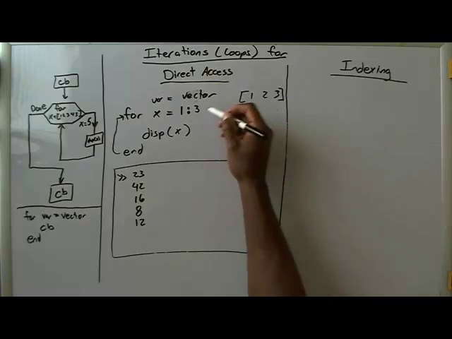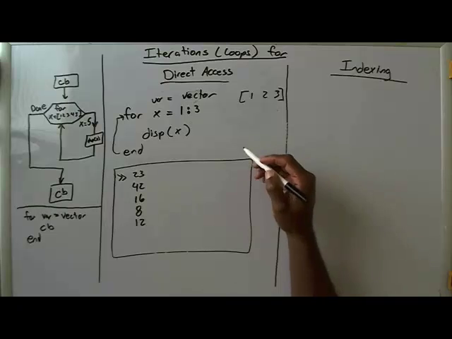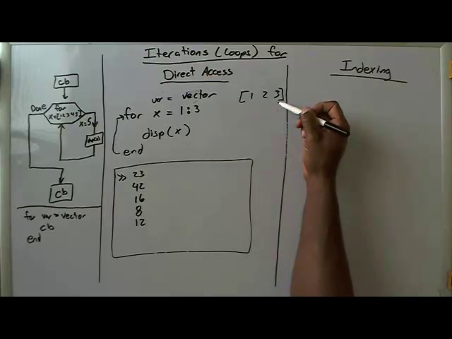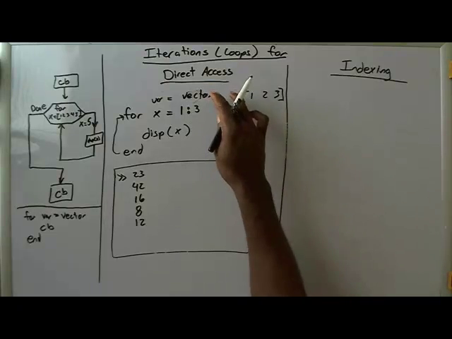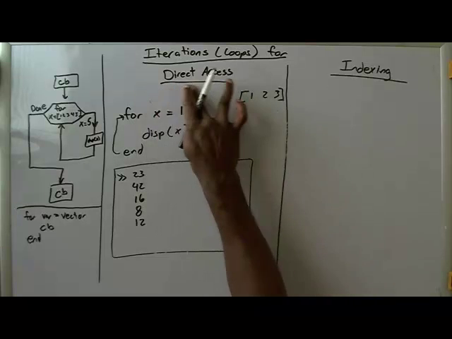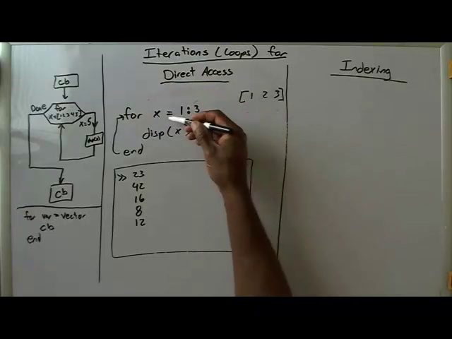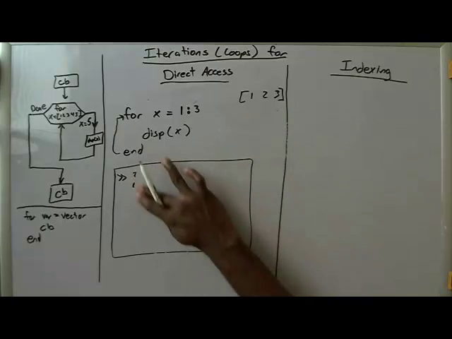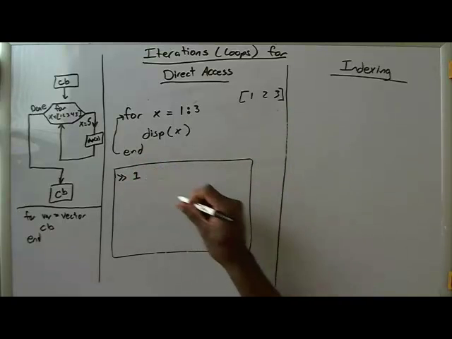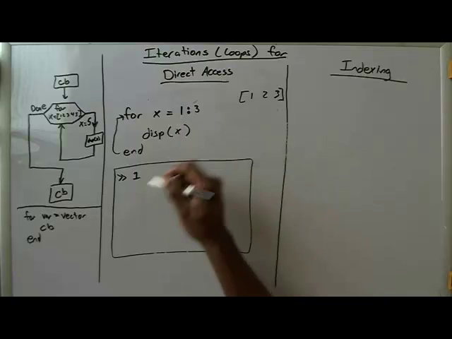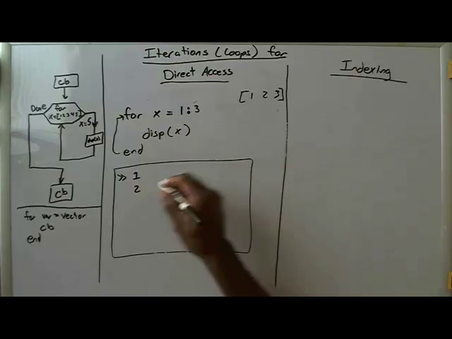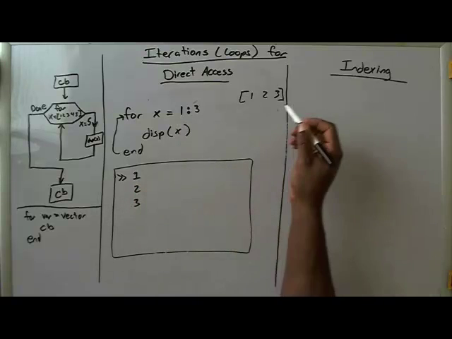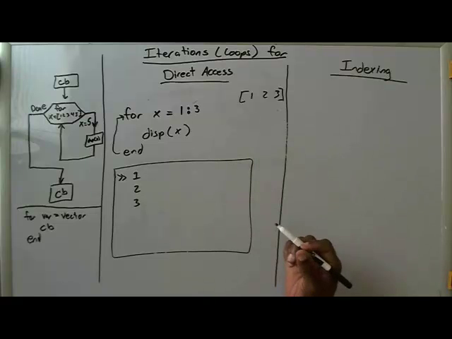So this shouldn't really cause you any problems. When I run this loop, x will equal 1 the first time, and so 1 will be printed. X will equal 2 the next time through, and x will equal 3 the following time through, and then you've reached the end of the vector, and then you exit.